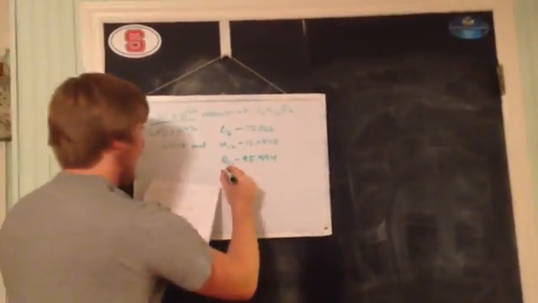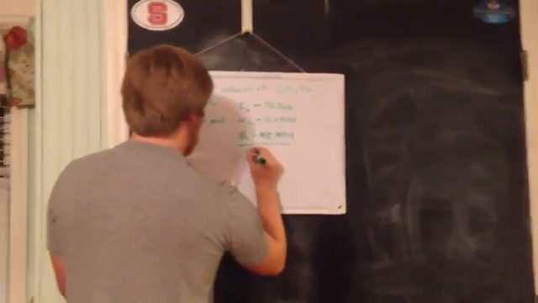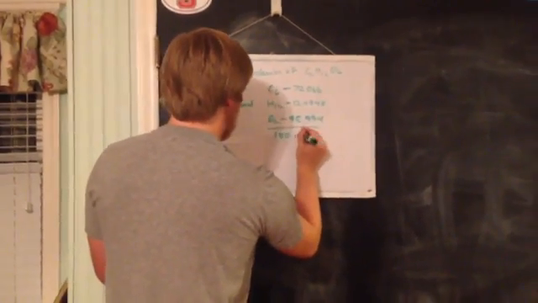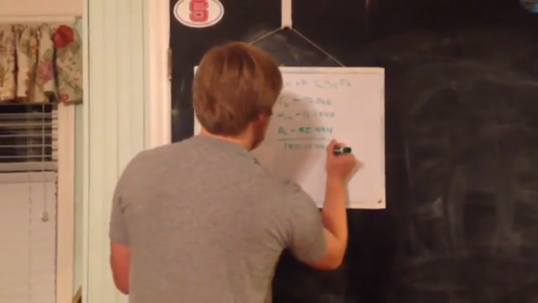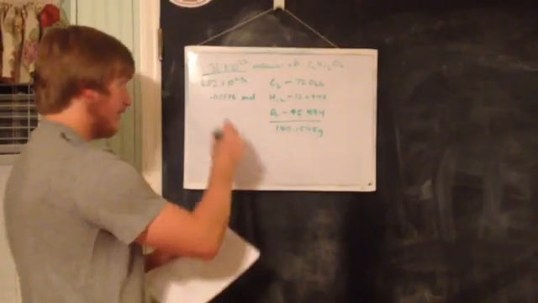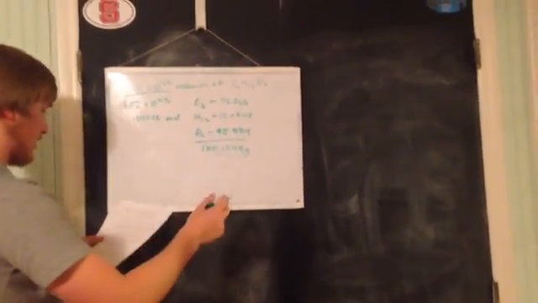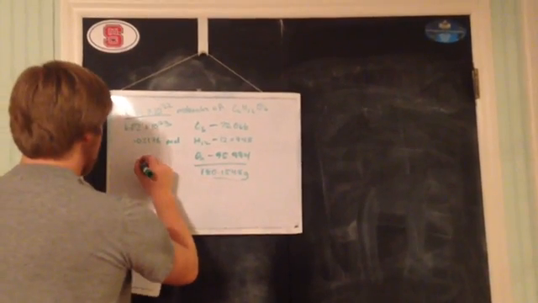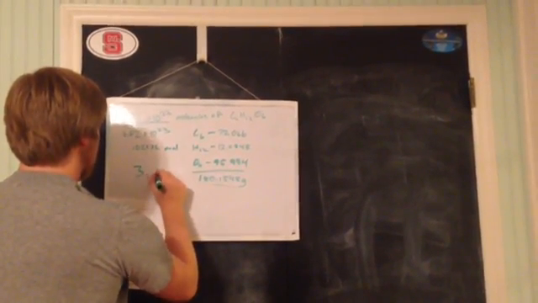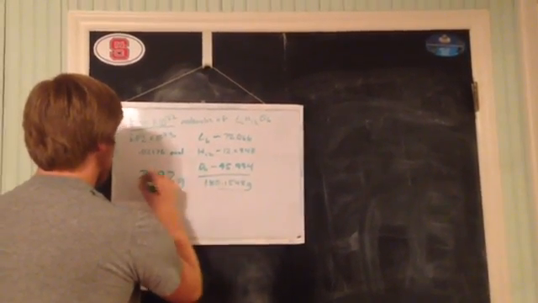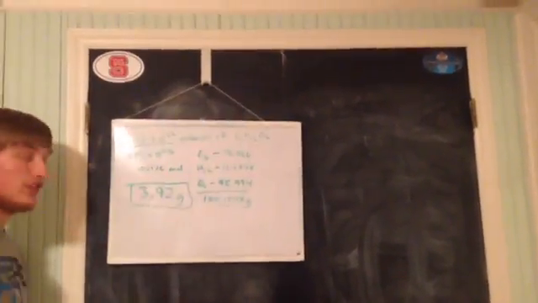Okay, and then you add up the total of this right here, and you get about 180.1548 grams. And then you simply multiply this number right here by this number right here, and you get 3.92 grams. And this is your answer right here.